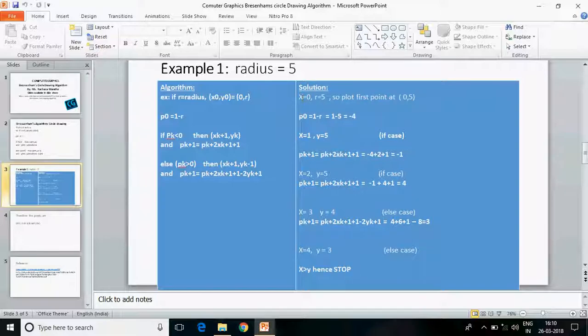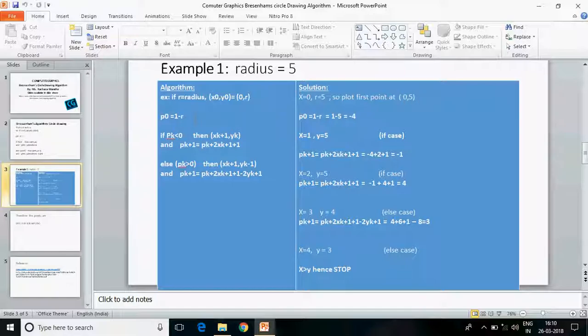The first point that we plot is always on the y axis of the first quadrant. On the y axis, x will be 0 and the radius will be plotted as y. So the first point to plot will be 0, radius. In this case 0, 5.